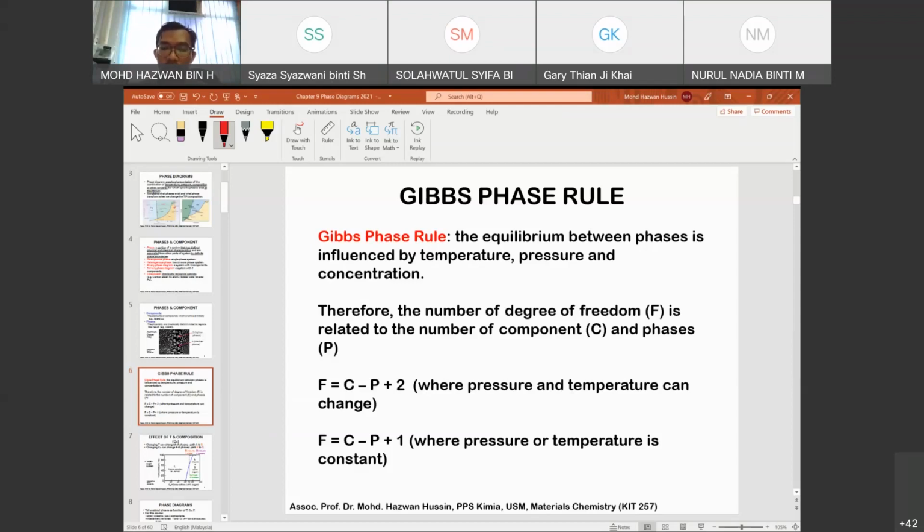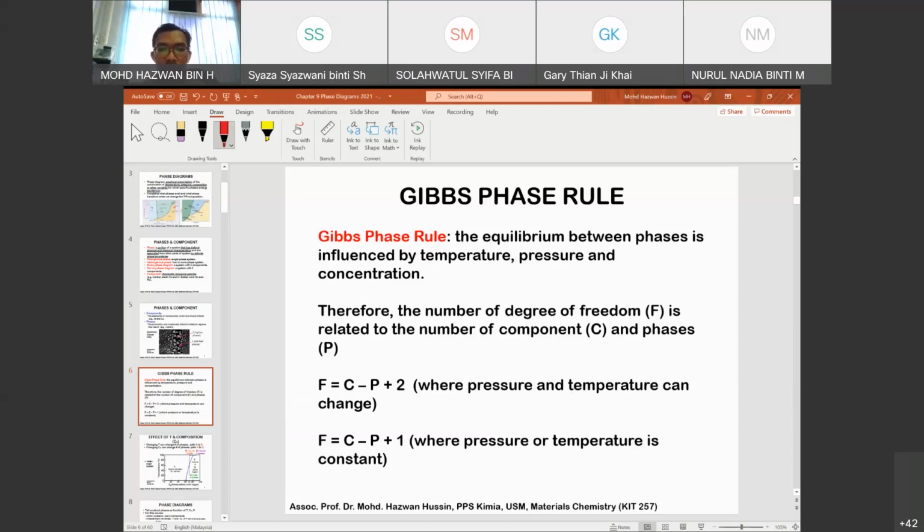If you change the temperature, the pressure, or the composition or concentration, it will change the phase. Therefore, the number of degrees of freedom, F, is related to the number of components, C, and phases, P.